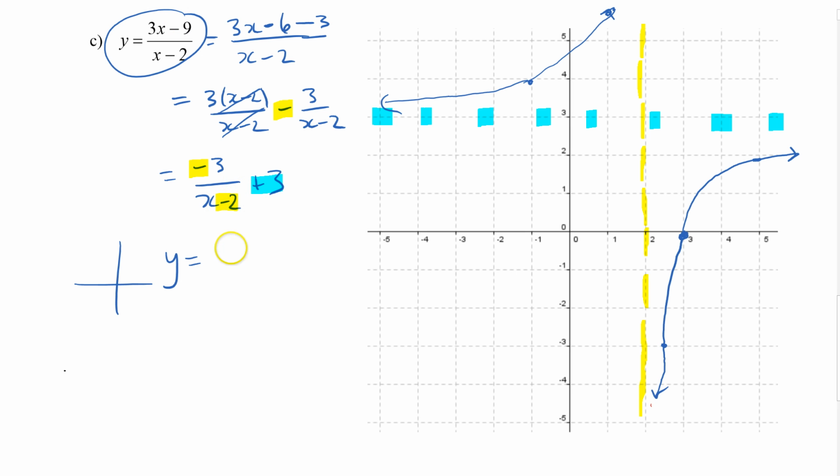If I look at my changed function, if I put in a 0, I get negative 3 over negative 2 plus 3, which is equal to 3 halves plus 3. 3 halves is the same thing as 1.5, so I get 4.5. So let's see, if I put in a 0 for x and a 4.5 for y, does that make sense for my sketch? Sure it does. So this would be at about 4.5. So that would be that point right there.